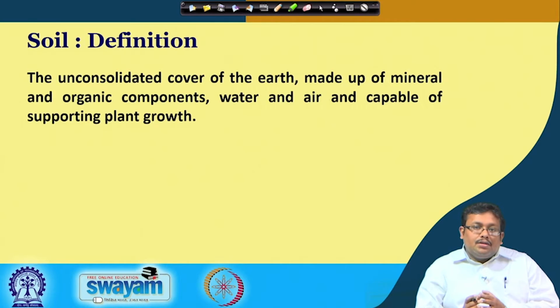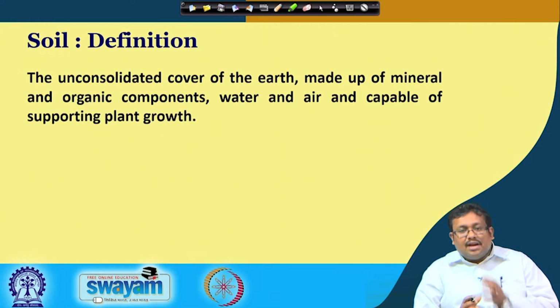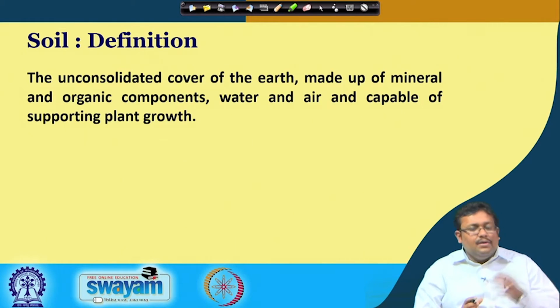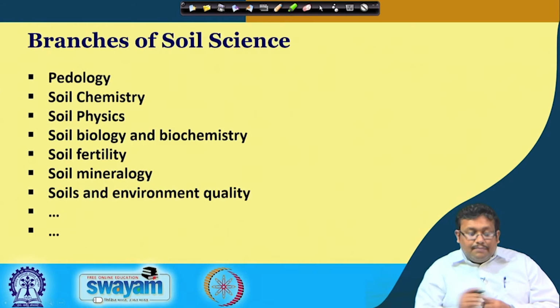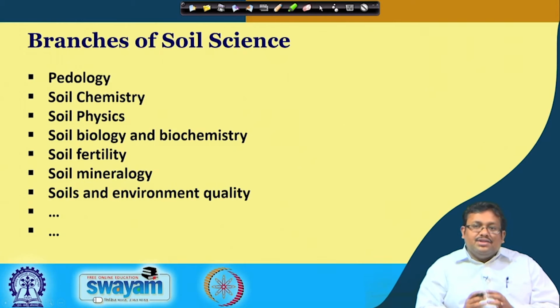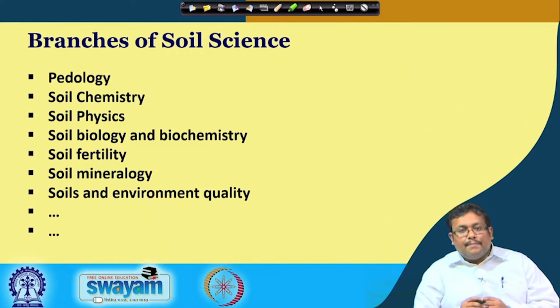Soil is a heterogeneous mixture of different components. It is unconsolidated and it has to attain certain features to be termed as a soil, and we will discuss that later on. So, let us see what are the different branches of soil science.